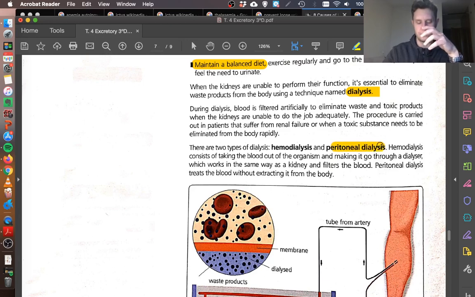We have a membrane that is very thin, that is in our stomach, in this part, and it's very interesting because they put a liquid into this membrane. So you have a big belly. This liquid is going to filter your own blood. It's going to work as a kidney, and then this liquid of peritoneal dialysis is extracted during the night.